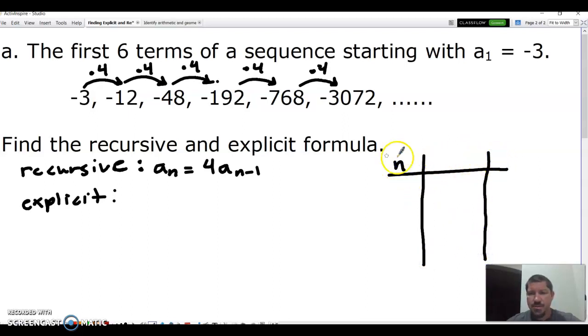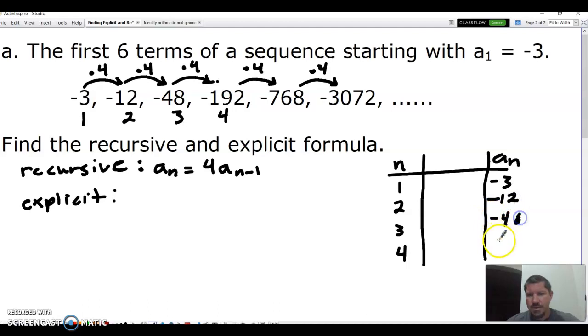So that's n. This is a sub n, right? So 1, 2, 3, 4. 1, 2, 3, 4, negative 3, negative 12, negative 48, negative 192.